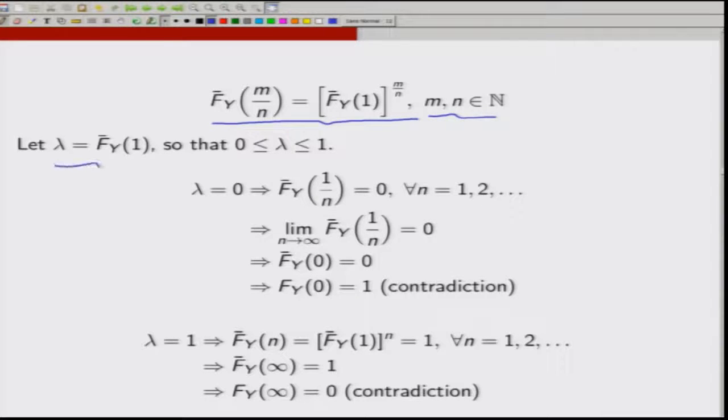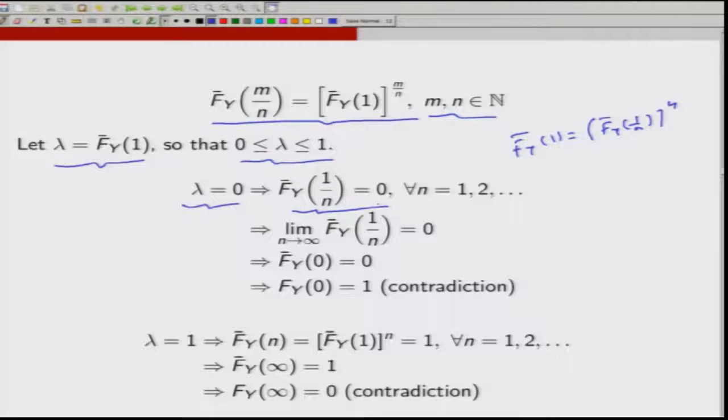Now, let lambda be the same as f bar y 1. So, certainly lambda is between 0 and 1. Now, what I will show is lambda equal to 0 and lambda equal to 1 are not possible. Suppose lambda is 0, that means f bar y 1 is 0. Then I know that f bar y 1 is same as f bar y 1 by n to power n. So, that means f bar y 1 by n is 0.